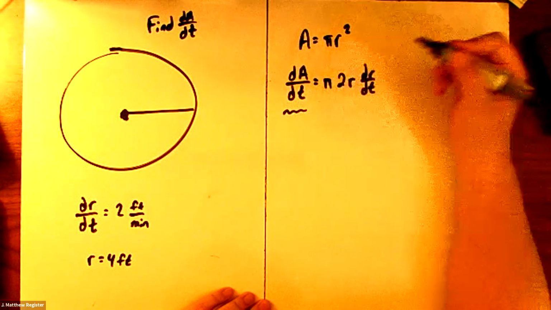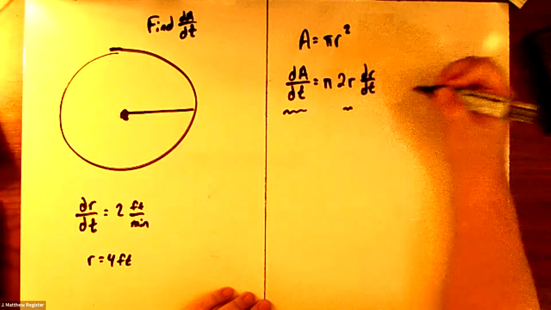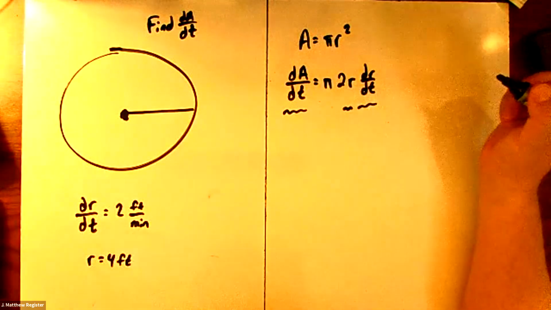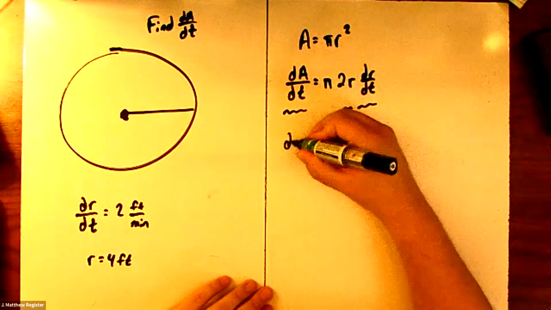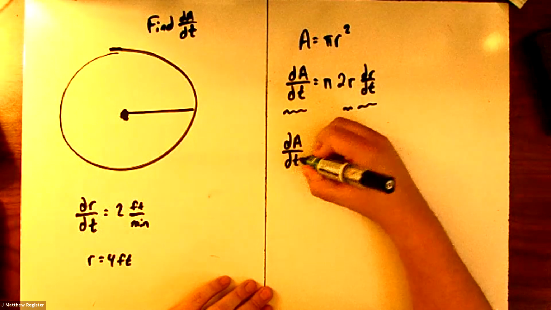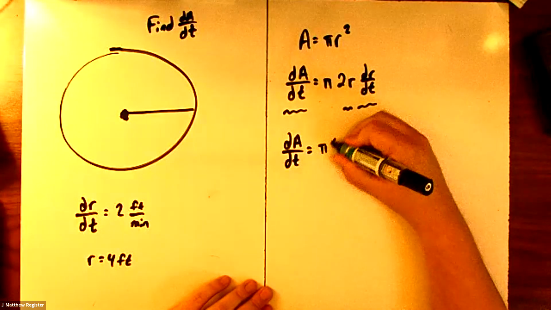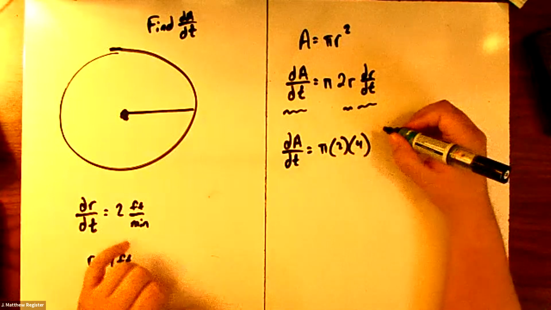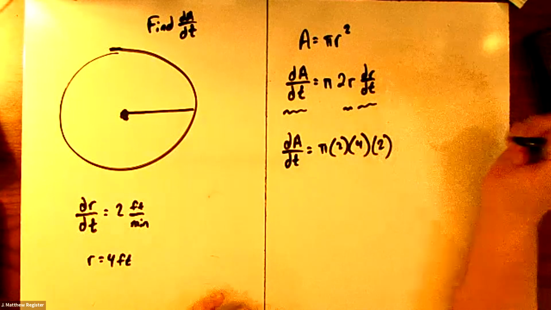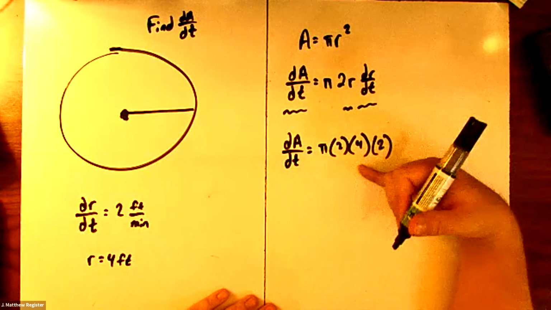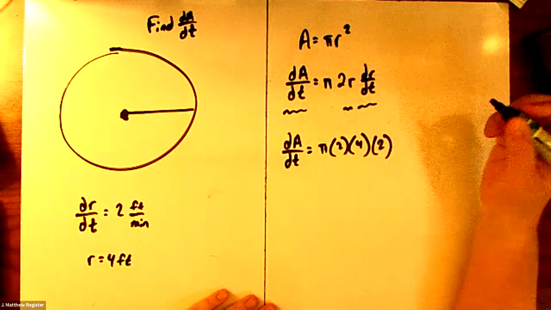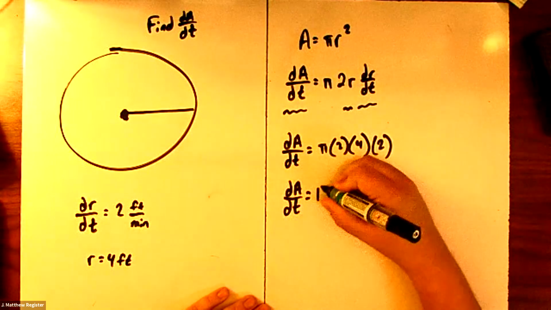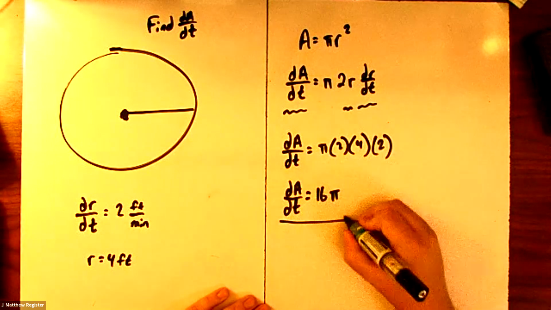Pi is a number, 2 is a number, r we know to be 4 feet, and dr/dt we know to be 2. And so we get dA/dt is equal to pi times 2 times 4 times 2. 2 times 4 is 8. 8 times 2 is 16. The dA/dt is 16 pi.